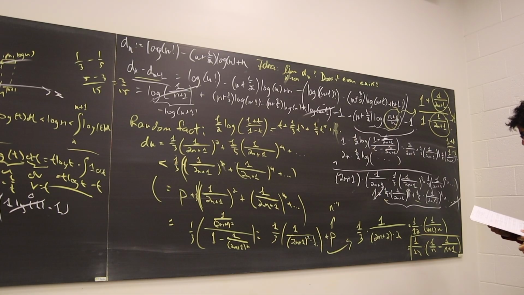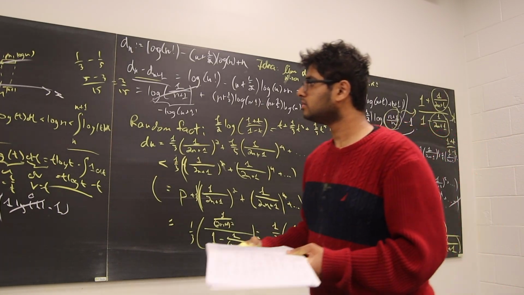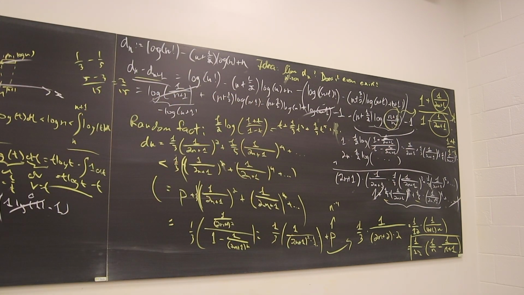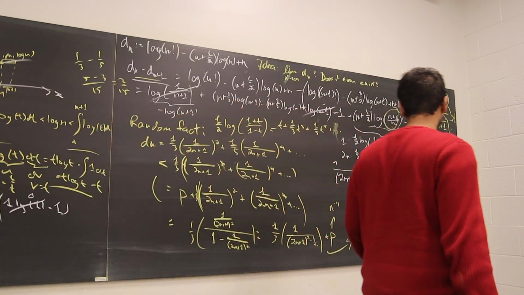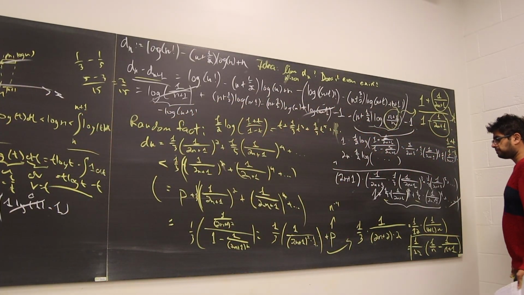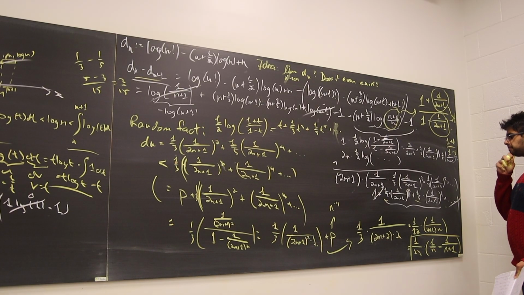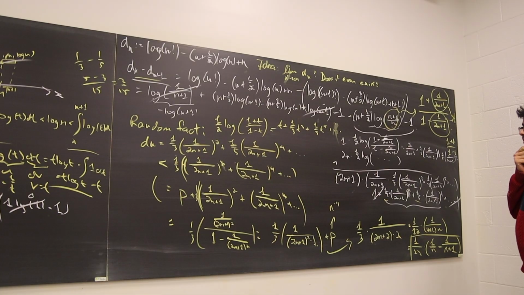Now that we have that, I want you to notice one thing. Now that we have our dn, I'm going to put it in a little corner. I'm going to say dn is decreasing because while this is positive, it's also less than this bound. And at what point do we prove it's positive?